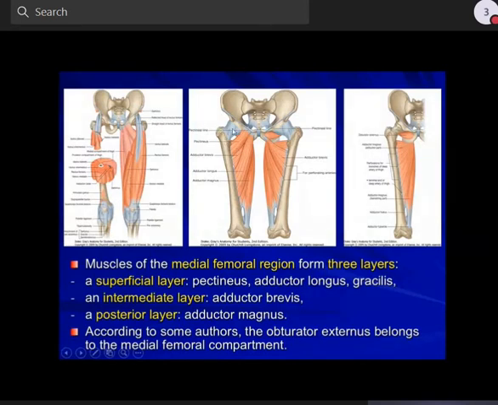Apart from this, most of them project in front of the fulcrum, and so must flex the hip joint. This refers to the pectineus, to the superficial and middle layers, and the anterior part of the adductor magnus.